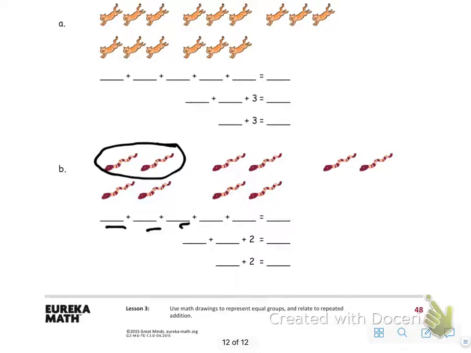Then fill in these blanks, then add these together, and remember that whatever that comes out to goes in those blanks, and then you add these blanks together, and whatever that comes out to goes right here.